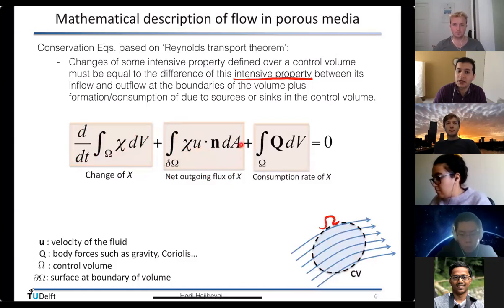and then you are going to integrate it over the entire area. So this is the area that I'm now drawing. Omega is inside, and this is the boundary of omega.